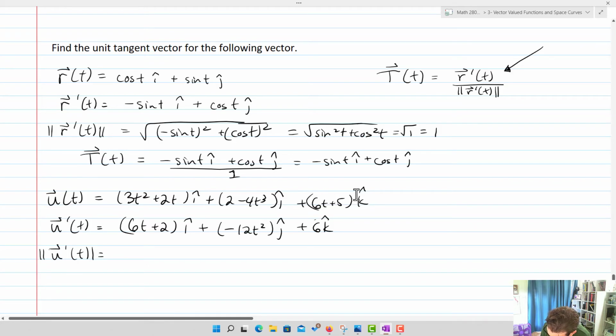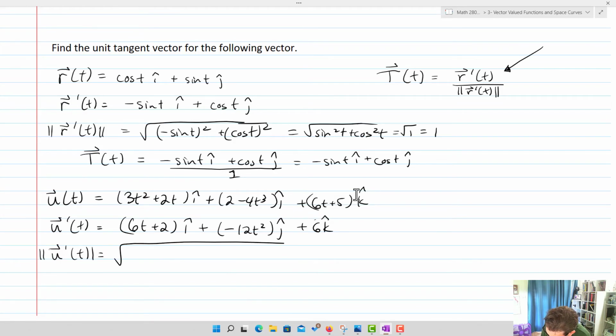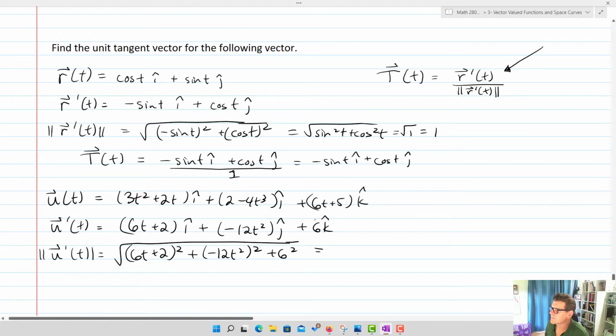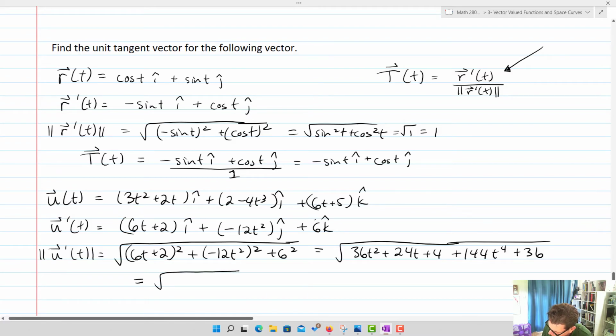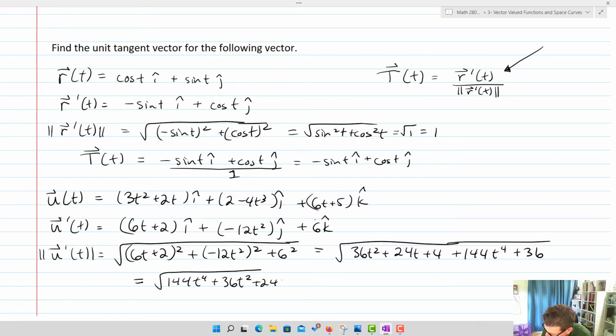And that's going to be the square root of 6t plus 2 squared plus negative 12t squared squared plus 6 squared, which equals 36t squared plus 24t plus 4 plus 144t to the fourth plus 36, which ends up equaling the square root of 144t to the fourth plus 36t squared plus 24t plus 40.